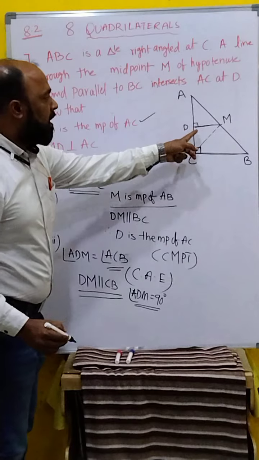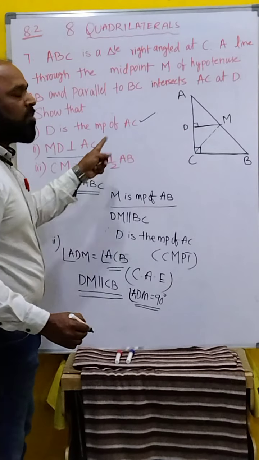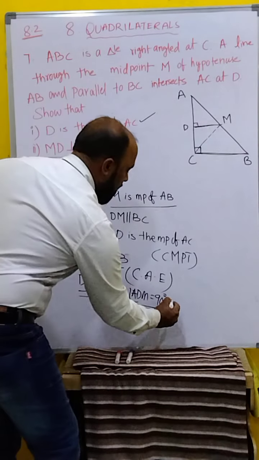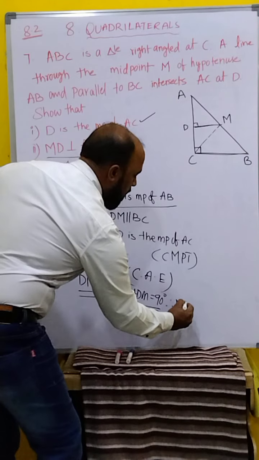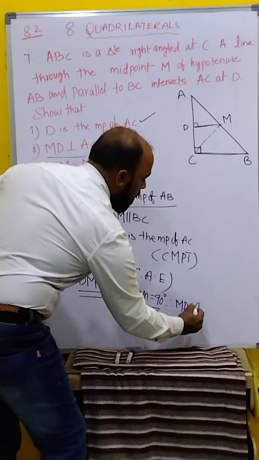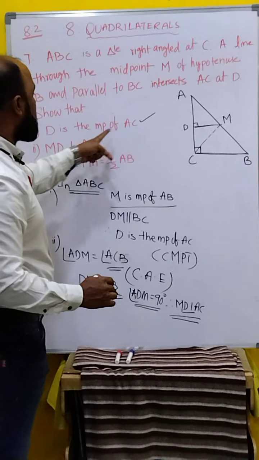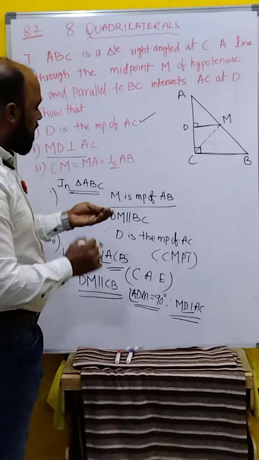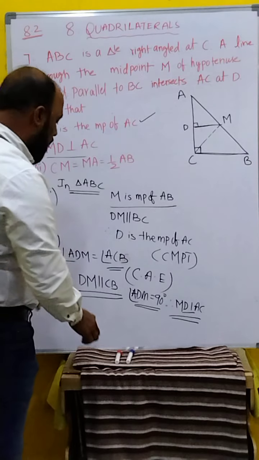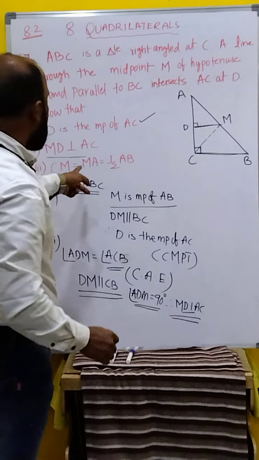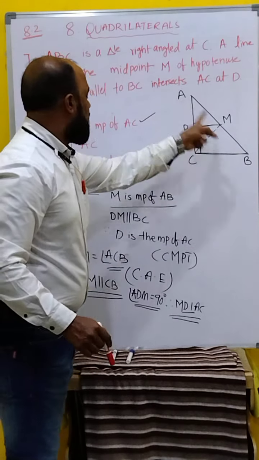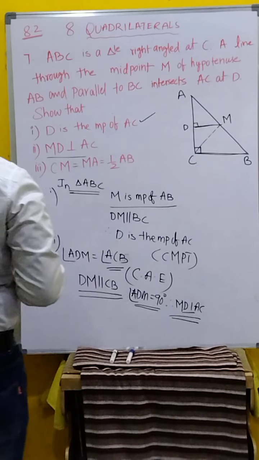If ADM is 90 degrees, then obviously MD is perpendicular to AC. Therefore, MD is perpendicular to AC. That is completed. Clear children? First one done, D is the midpoint of AC. Second one, MD perpendicular to AC. Now we will go for the last one: CM is equal to AM is equal to half of AB.